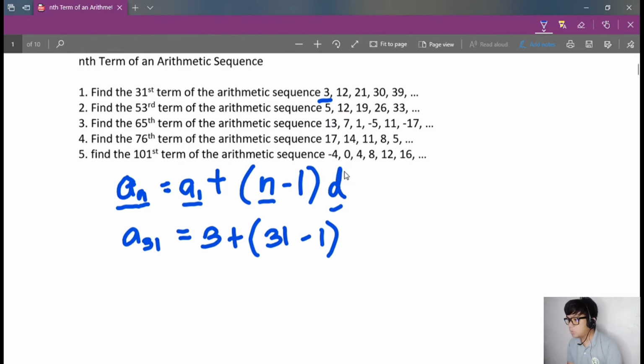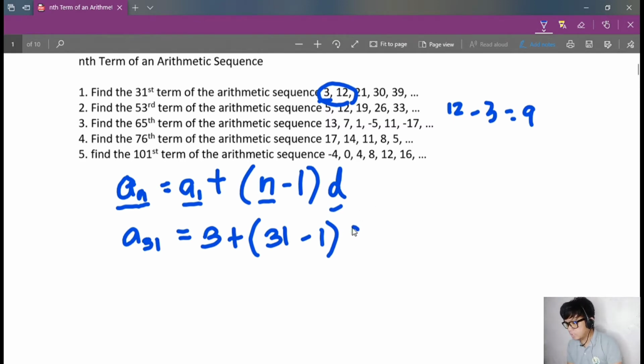So paano nga kinukuha yung common difference? Review natin. Pili kayo ng dalawang magkasunod na terms. Tapos you write first the second term. Tapos i-minus nyo doon yung first term. So in this case, that is 12 minus 3. So our common difference is 9.